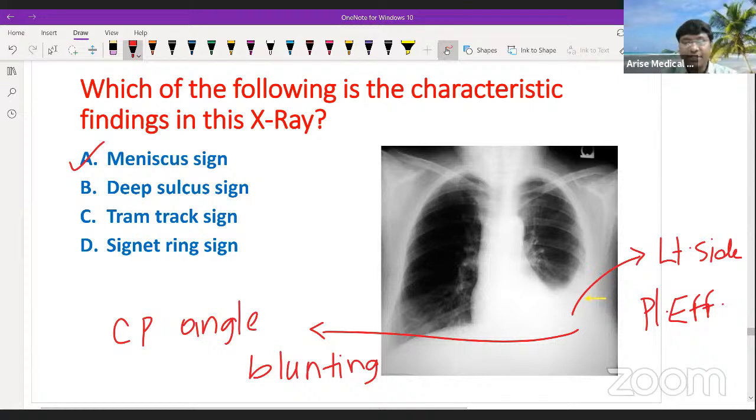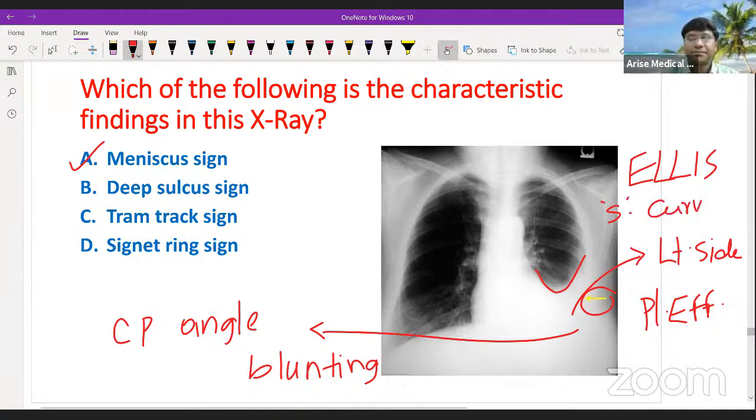The yellow colored arrow you are seeing here is suggestive of the Ellis S-shaped curve. Now, this Ellis S-shaped curve is also called the meniscus sign.